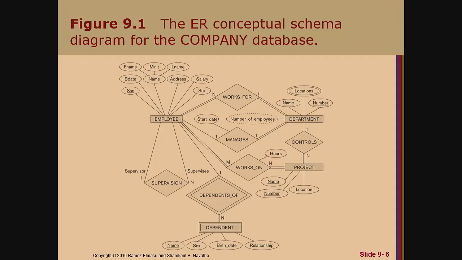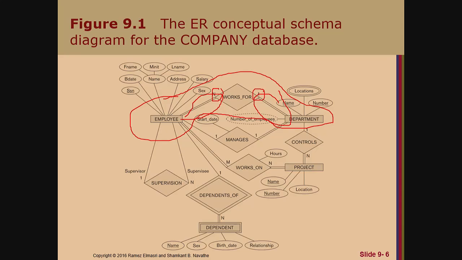Works For is on the top here, Works For department. Now we have the relation for employee already, and we have the department information already. How do we contain the relation between them? The Works For relation: as you can see, both of them are total participations, but on the left is N, and on the right is just 1.